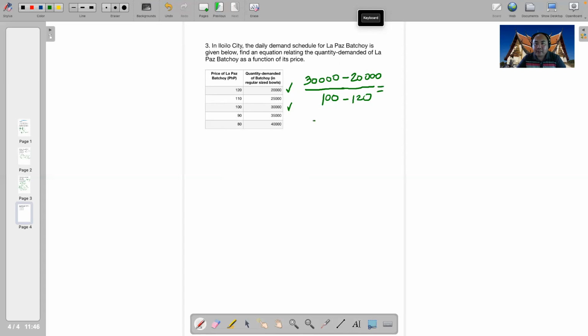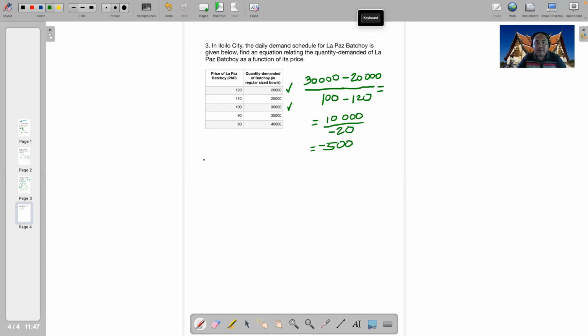So this is 10,000 divided by 20, or this is 500. Mali, no? This is negative 20 here. So this should be negative 500. So the slope is negative 500.